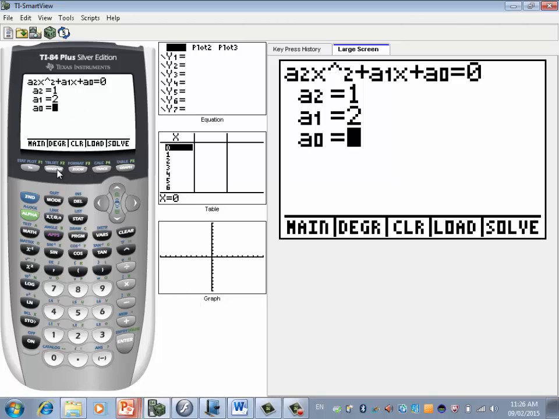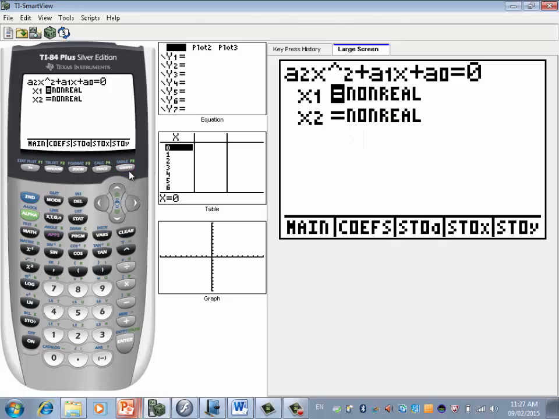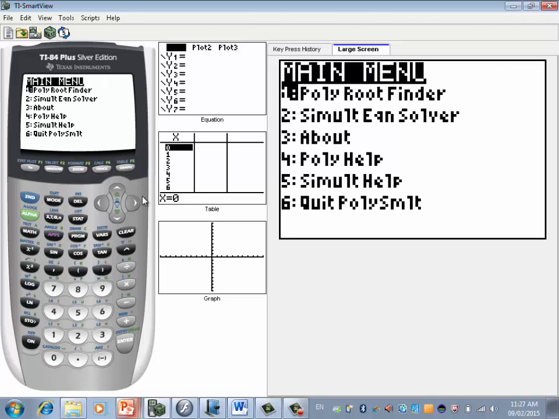You have to change the mode to complex mode. Which is, let's see. My one cannot. Your one can.